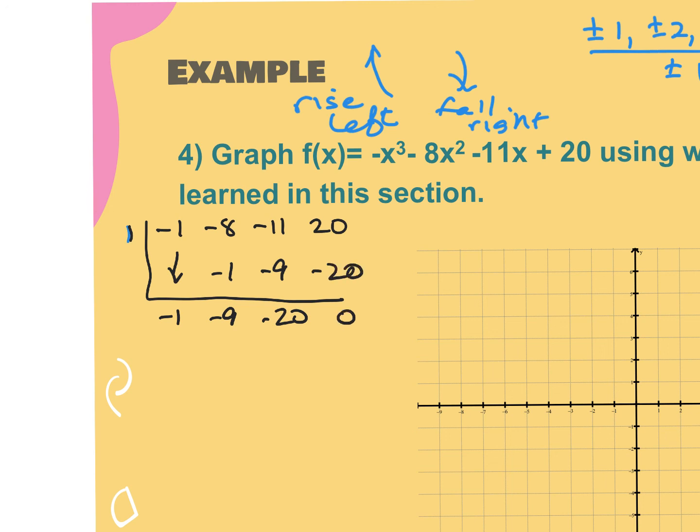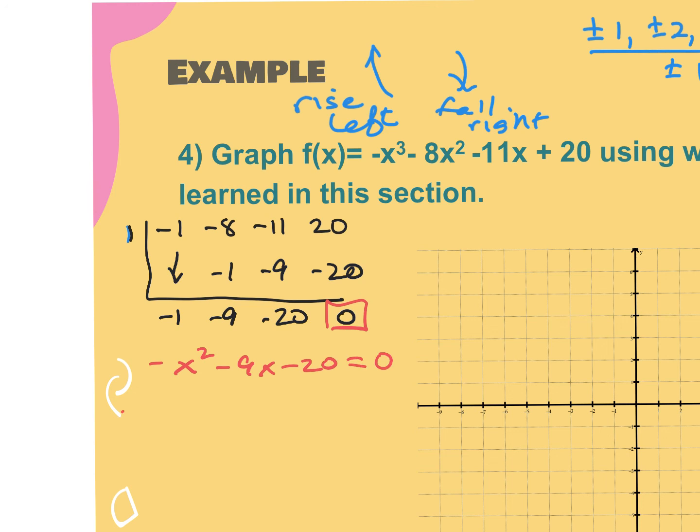I already knew that I should get a remainder of 0 because Desmos told me it was a 0. So now let me add back in my variables: -x² minus 9x minus 20 equals 0.